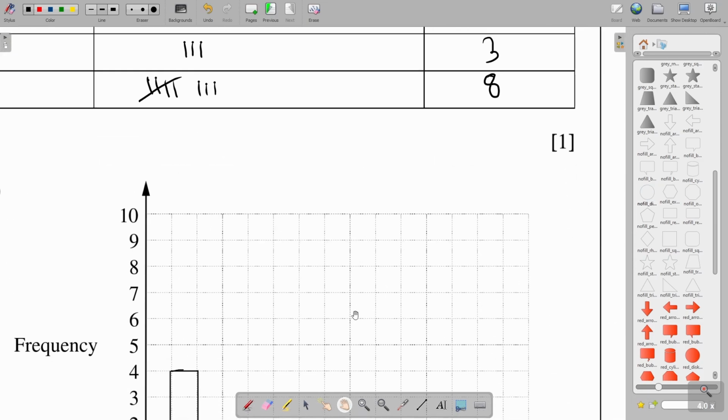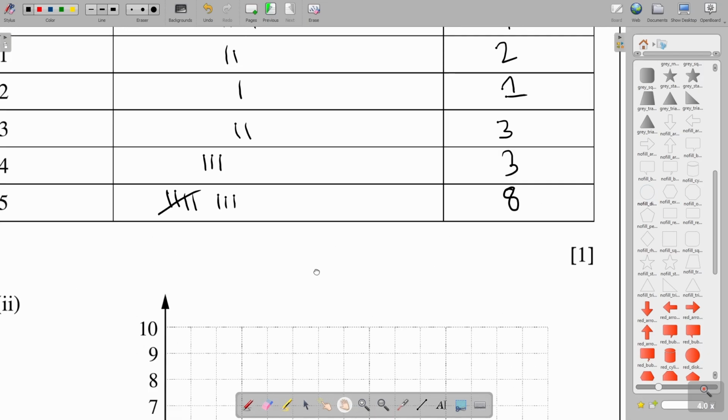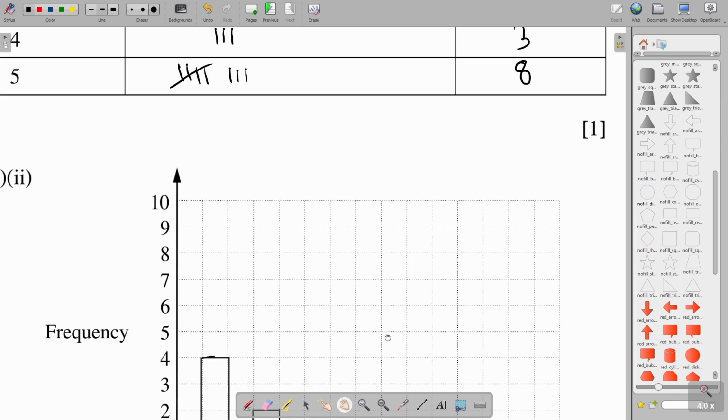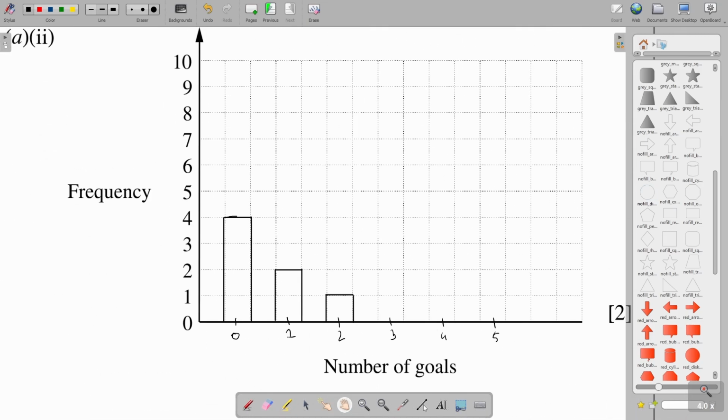Then 1 was 2 times. So we'll do 2. Okay, 2 was 1 time. 3 was 3, 3, and 8.